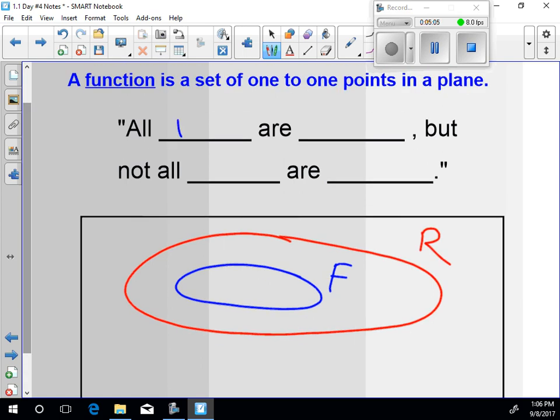So in this case, all functions are relations, but not all relations are functions. Did I get that right? Let's see. Yeah, we're good. All functions are relations, but not all relations are functions. I'll get it someday here, guys.